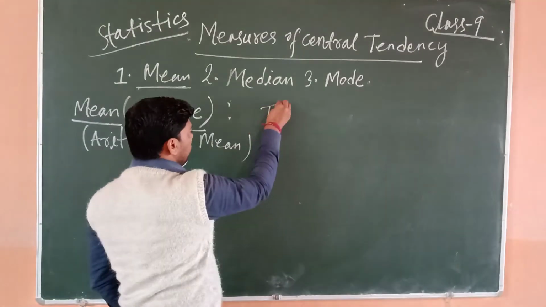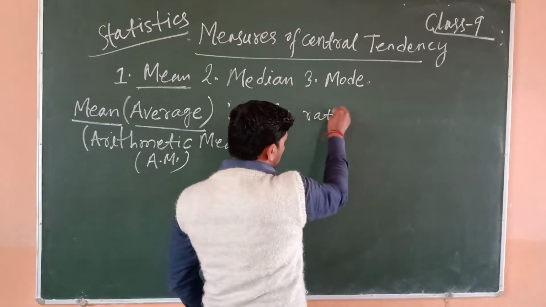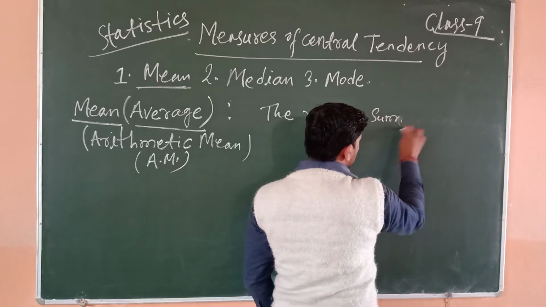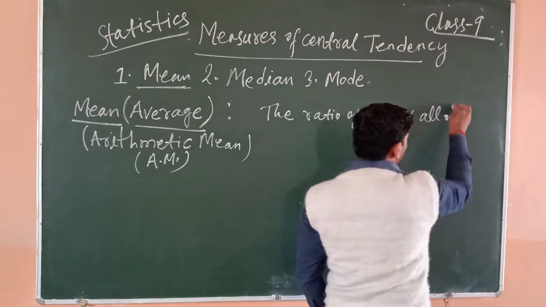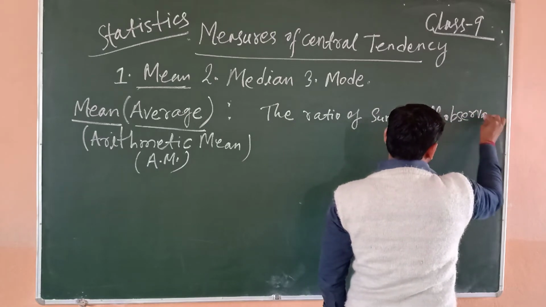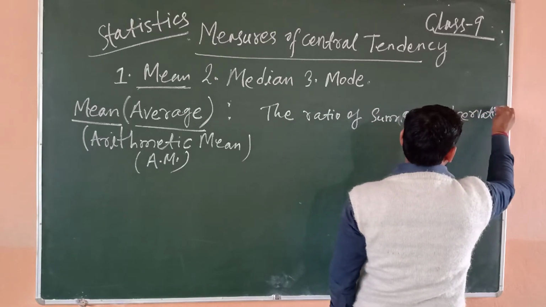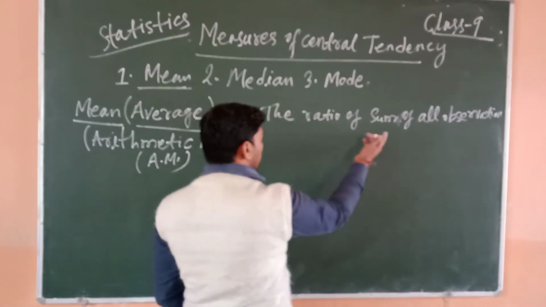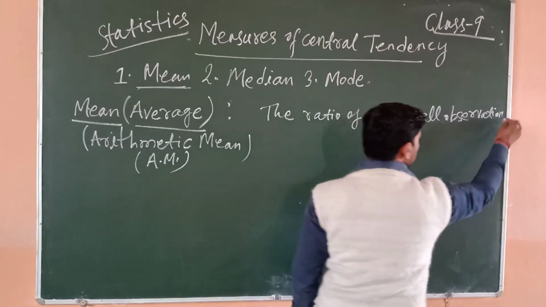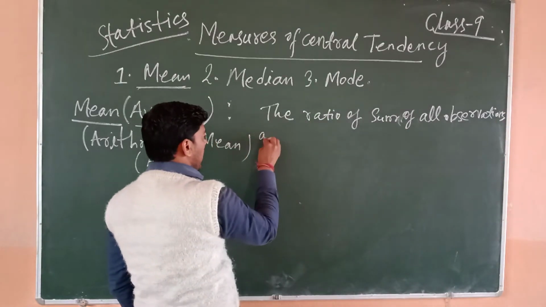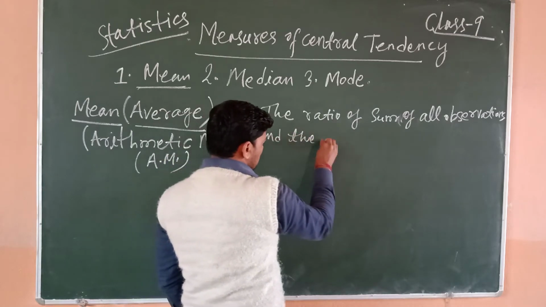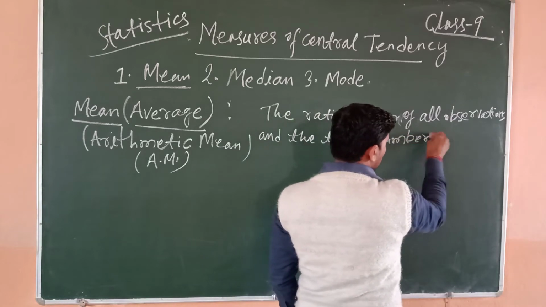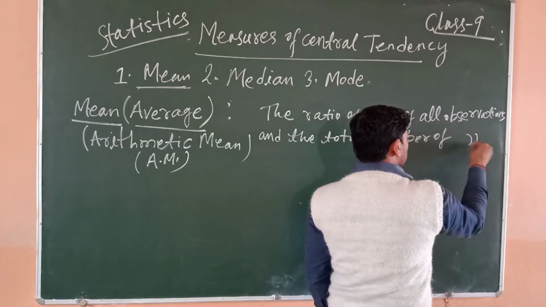Average means the ratio of the sum of all observations, you can say numbers also, and the total number of observations.